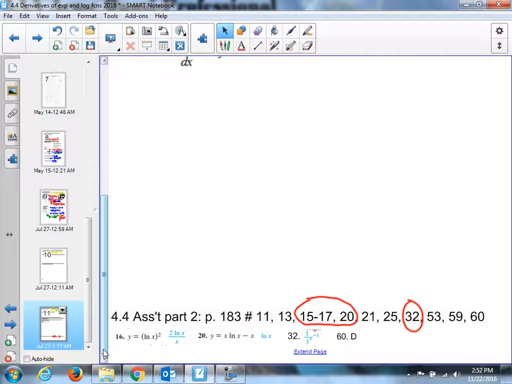Oh, I like 53. We'll get 53 today. 59. Let me see 60 then. Not 60, 59. Okay, from what we learned today, you should be able to do those questions. Okay? 32, 59, and then 15 through 17 and 20.